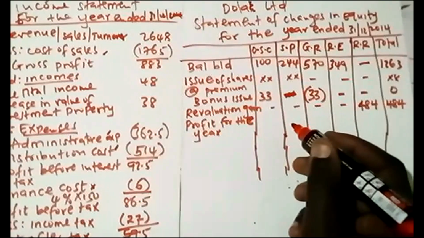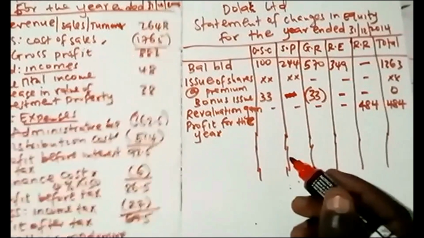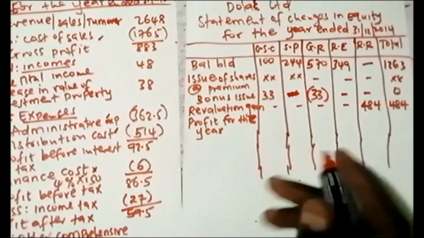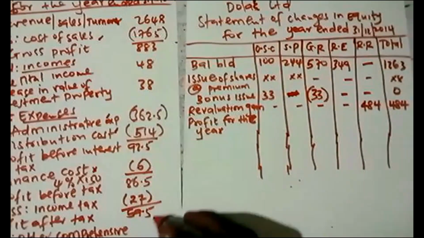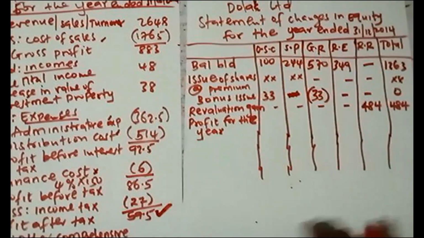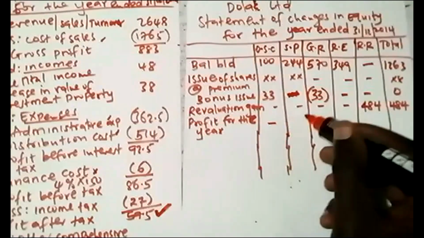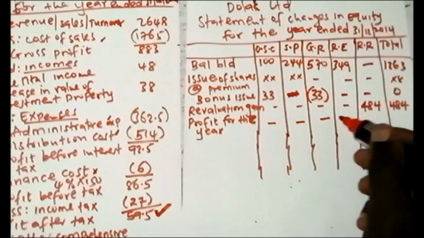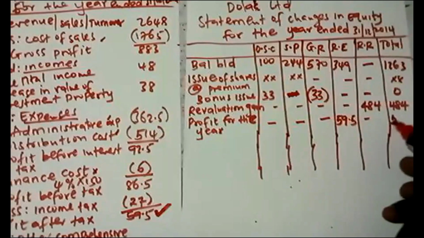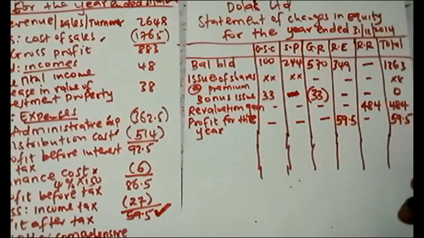The profit for the year is what you have done here, profit after tax, 59.5. That goes to the column of retained earnings, and a total of 59.5.